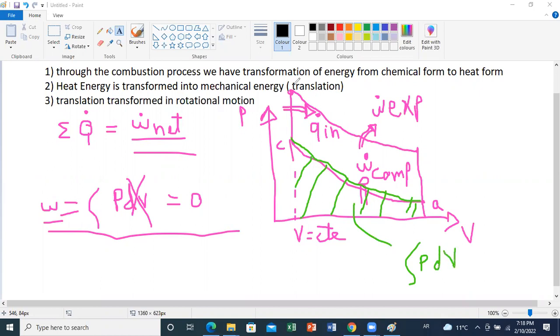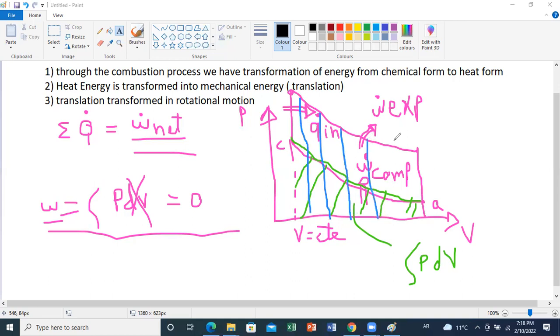Now, during the expansion phase, this is your graph, P versus V. So you can detect a larger area. The area limited by your upper curve and V will represent for you the produced work.